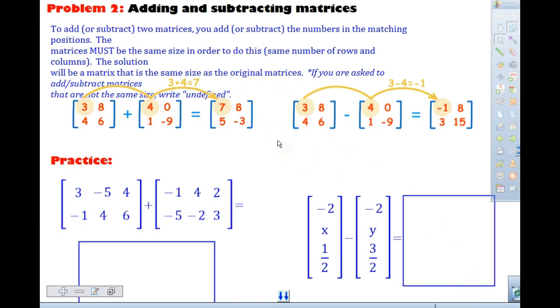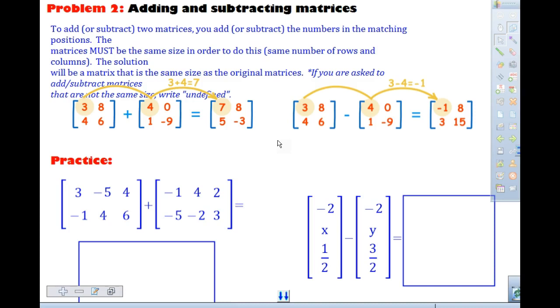It says to add or subtract 2 matrices, you add or subtract the numbers in the matching position of the matrix. It must have the same size in order to do addition: the same number of rows and columns. The solution will be a matrix that is the same size as the original.